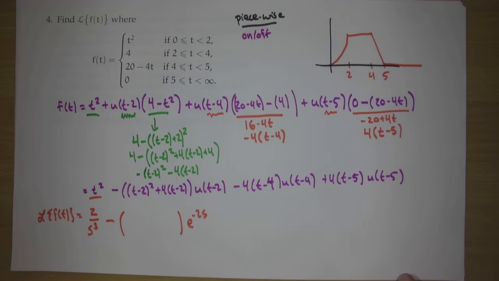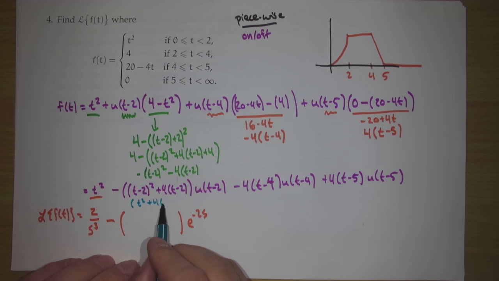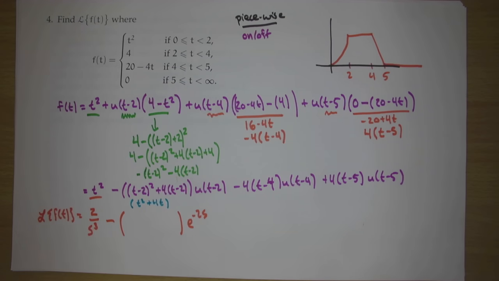Now we have to be ever so cautious. Oftentimes we don't write this down explicitly, but we should really think of this as t squared plus 4t. So in other words, think about what's being attached to that. Right now we've written it in terms of t minus a.